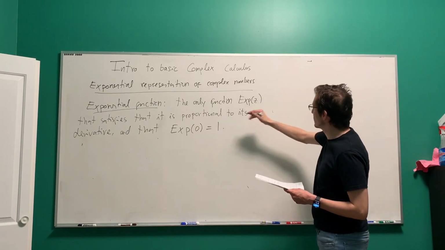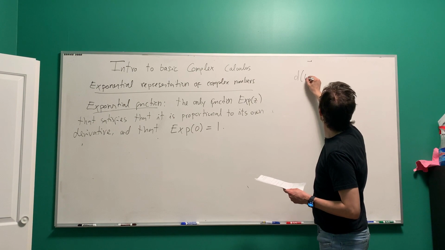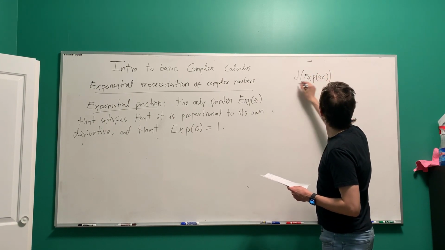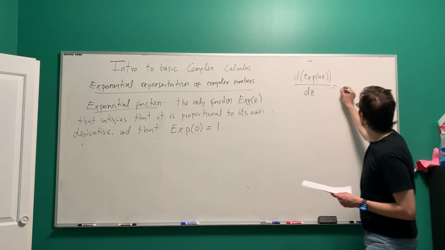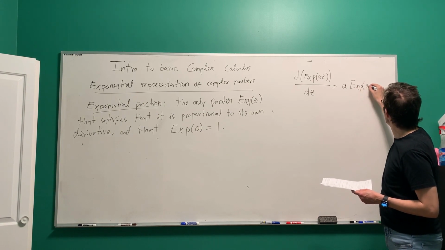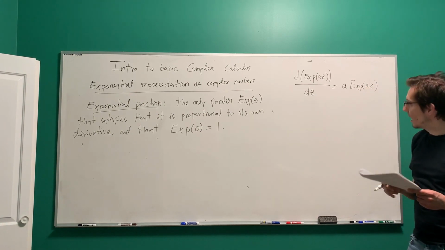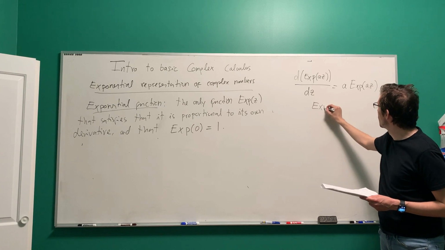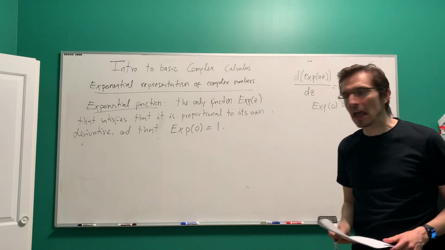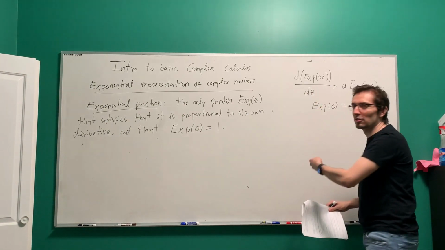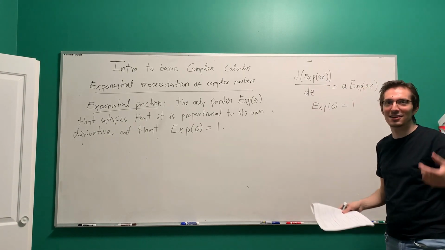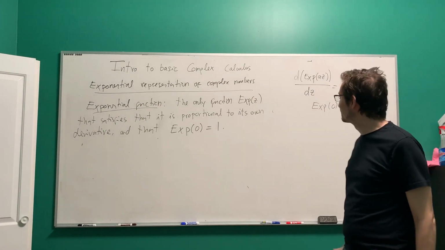I'm going to say that the derivative of the exponential of az, d/dz, has to be equal to a times the exponential of az. This is the property. And of course, the exponential of 0 has to be 1. This is what defines the exponential function. And of course, it should ring a bell, because the derivative of the exponential is the exponential, right? The derivative of the exponential of ax should be a times the exponential of ax.